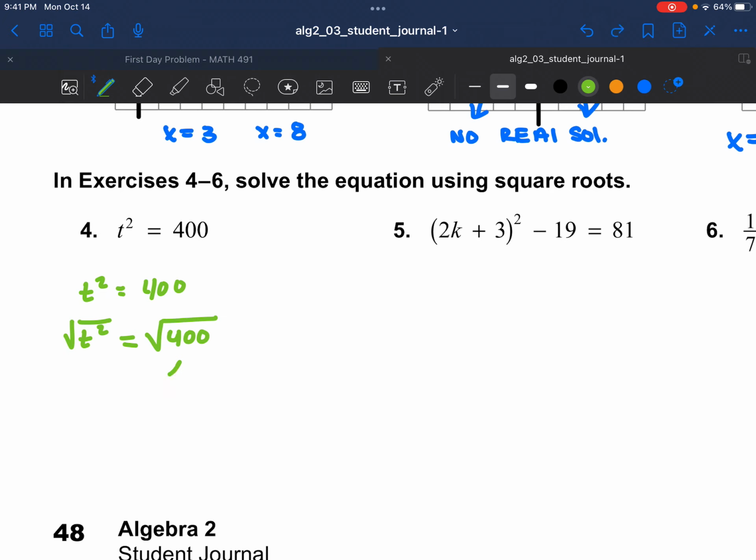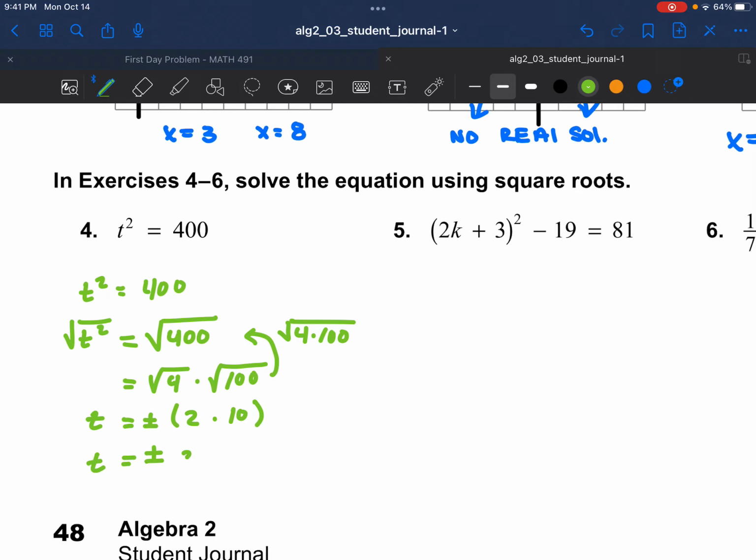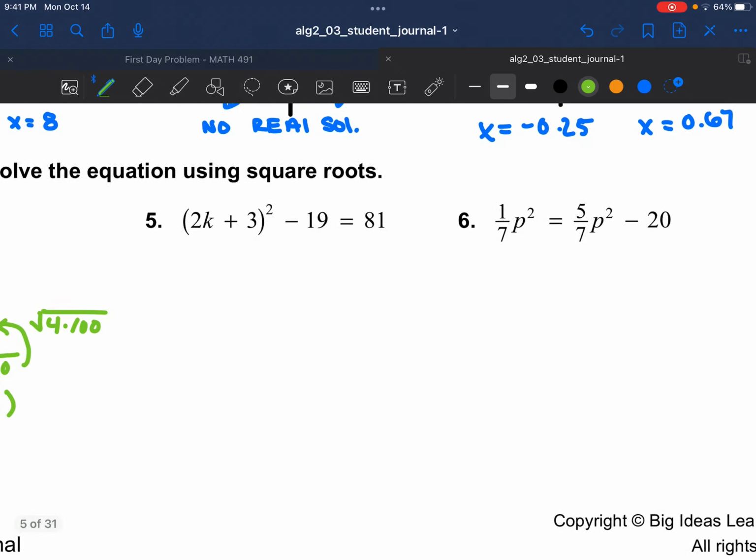This breaks down into the square root of 4 times the square root of 100, which is plus or minus 2 times 10. Because the square root of 4 is 2, the square root of 100 is 10, and 4 times 100 is 400. So t is equal to plus or minus 20.